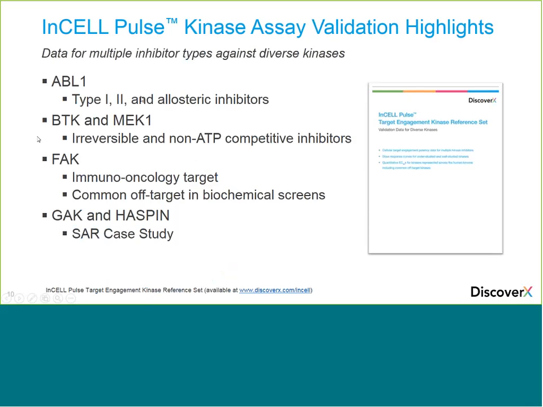So I'm going to focus first on measuring data for diverse inhibitor types. So for ABL and BTK and MEK, we've got examples of non-ATP competitive inhibitors, type 1s, type 2s, and irreversibles. And then FAK is a kinase that really intrigues me. I was talking about how IONC is now a really significant area of interest for kinases, and FAK is actually connected to IONC with some pretty compelling data.